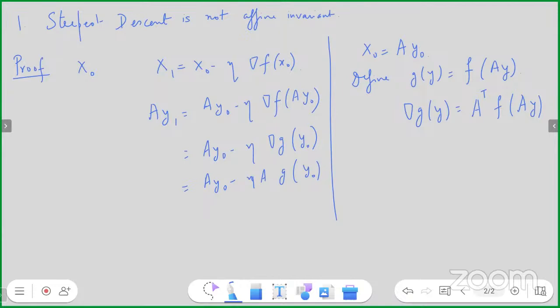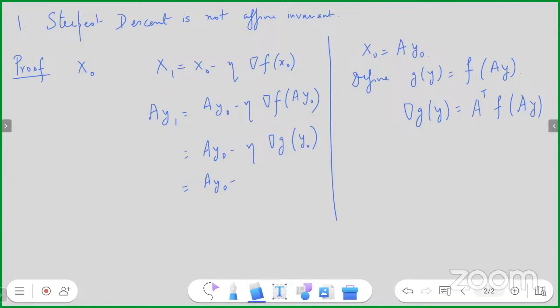Is that correct? No, that's not correct. What can I write this as? This is not correct. What would be correct? What do I want to show?